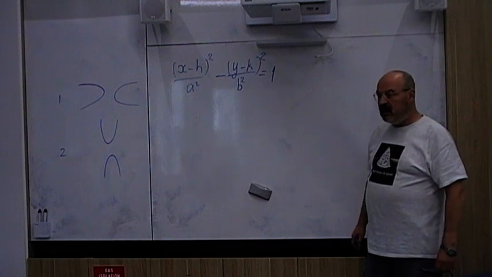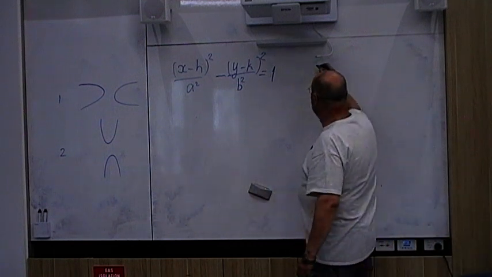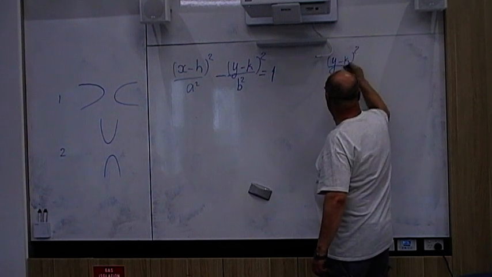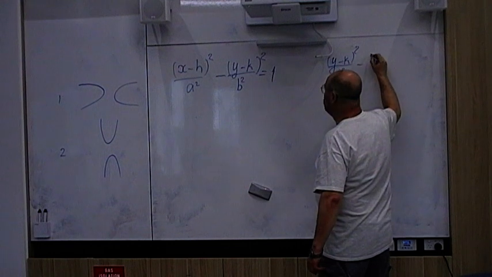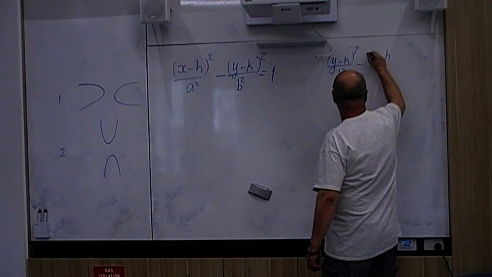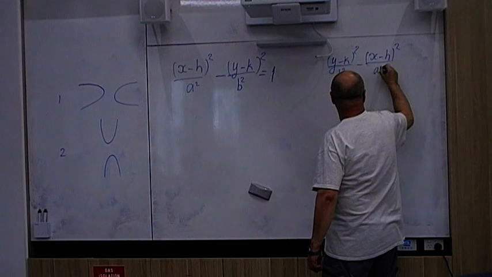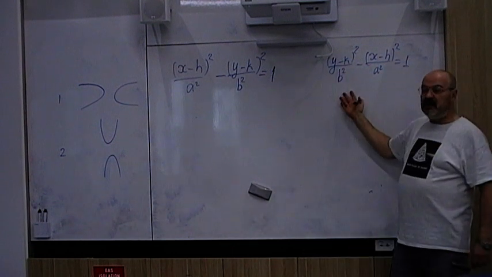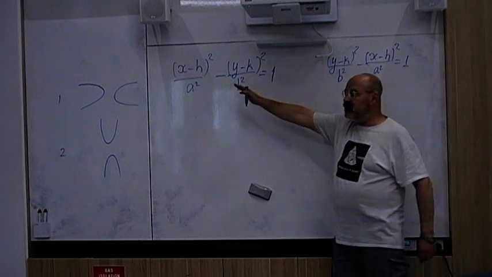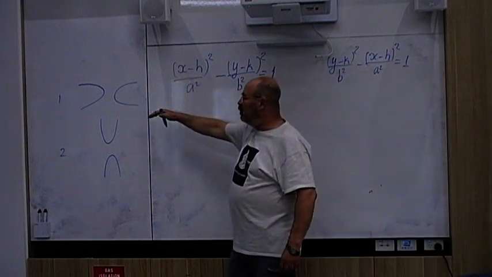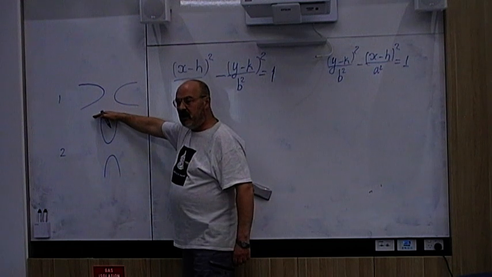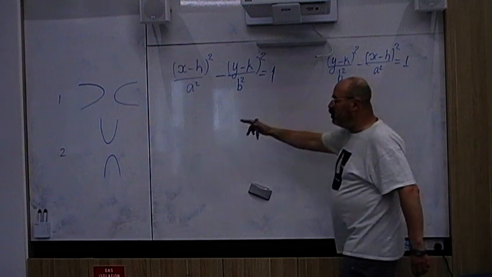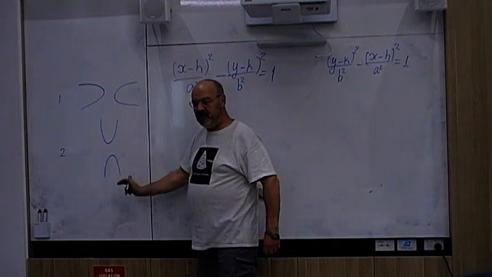For case number 2, vertical, we have (y minus k) squared over b squared minus (x minus h) squared over a squared equals 1. So whichever squared term has the plus sign decides it: if x squared has the plus, we have a horizontal hyperbola; if y squared has the plus, we have the vertical case.